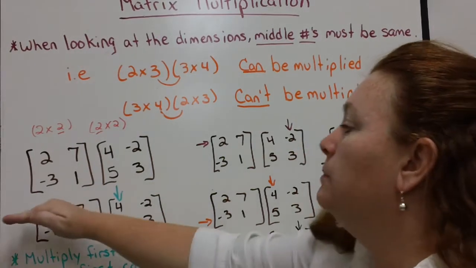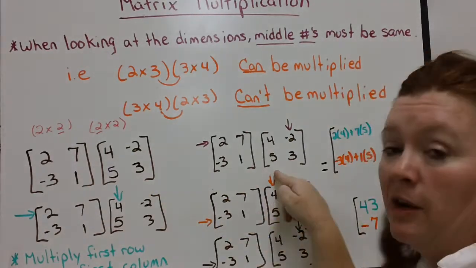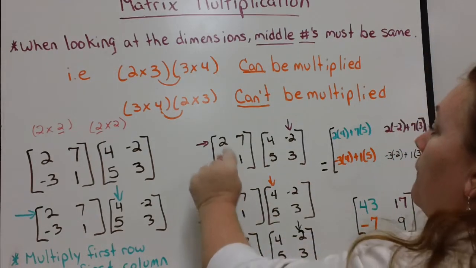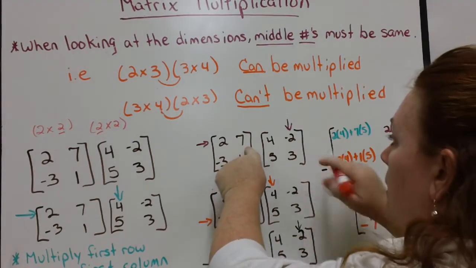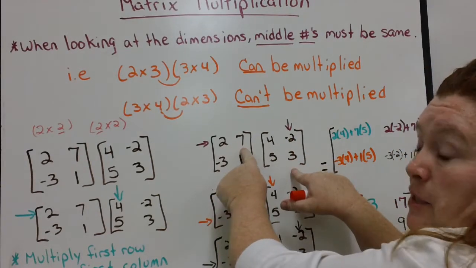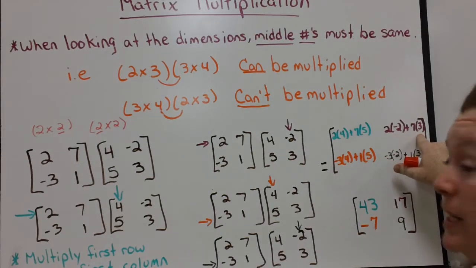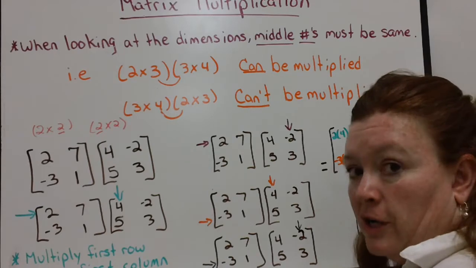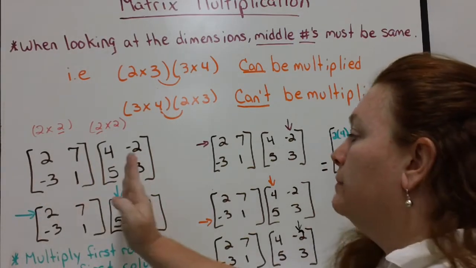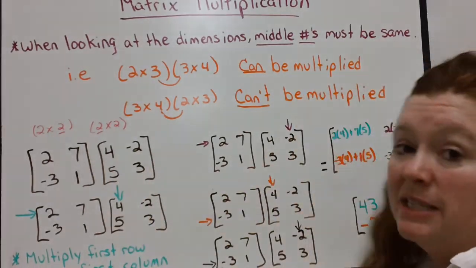Now, I need to multiply the first row times the second column. So I showed that over here in purplish. All right, first row, second column, 2 times the negative 2, 7 times the 3. Third, I have already multiplied the first row times each of the 2 columns. First column, and then over here I did the second column.